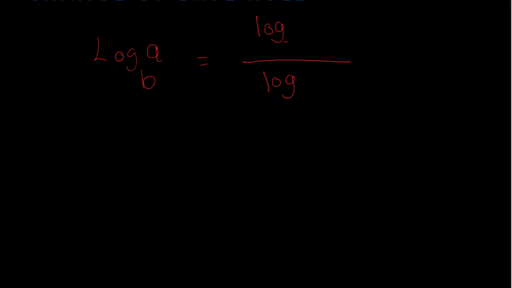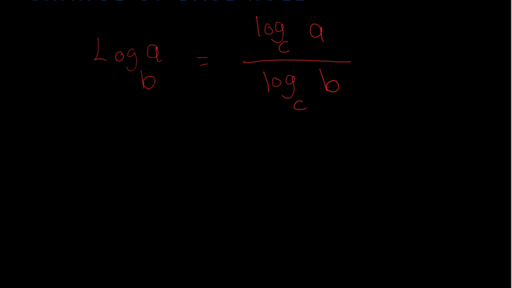So I could put it here with base c of a over base c of b. So as you all noticed, we could change the base of the log and use a new base in order to facilitate the exercise and try to use other rules and incorporate them with the example.